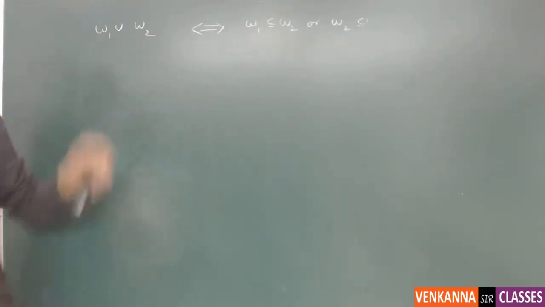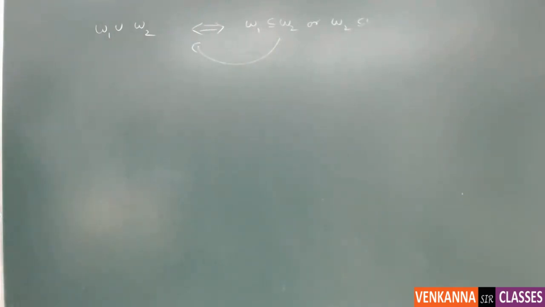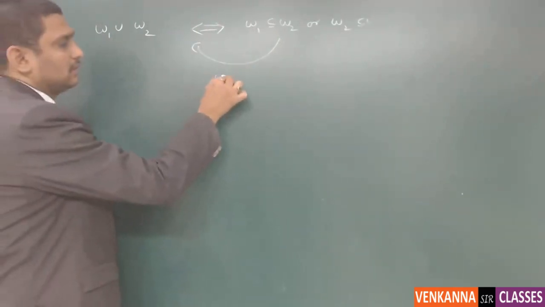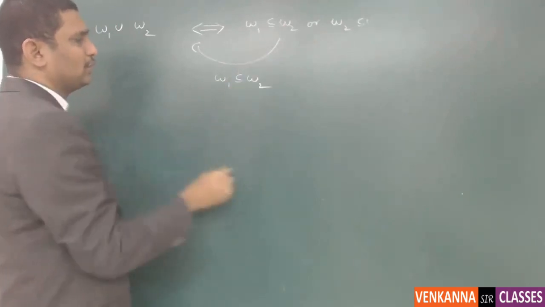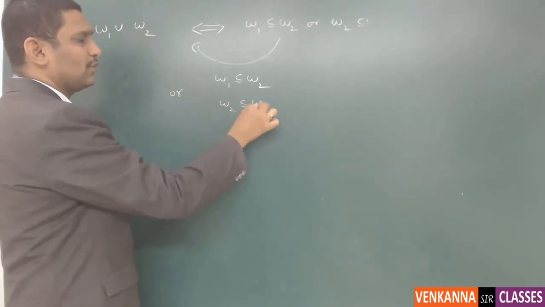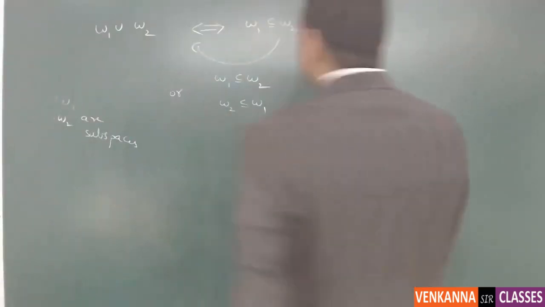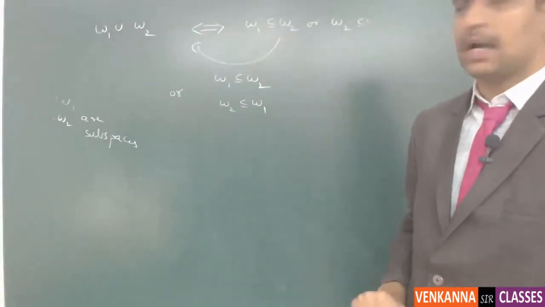So I just want to move from the other side first. Let us assume that W1 is a subset of W2 or W2 is a subset of W1. Please understand, basically I have taken that W1 and W2 are subspaces. So my intention is: is the union a subspace or not?